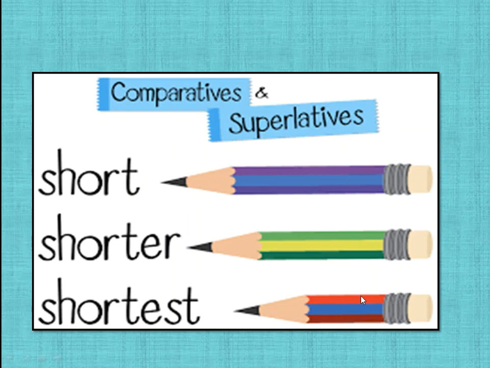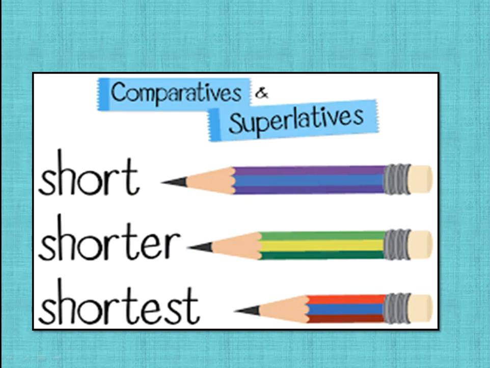Look at this pencil. The first pencil here is short, but the second one is shorter, meaning more short. And the last one is the shortest one. So if I compare between two only, I will say the yellow and green pencil is shorter than the purple and blue pencil.